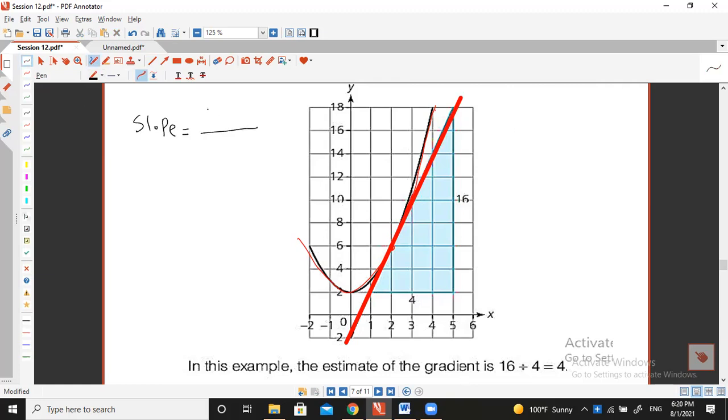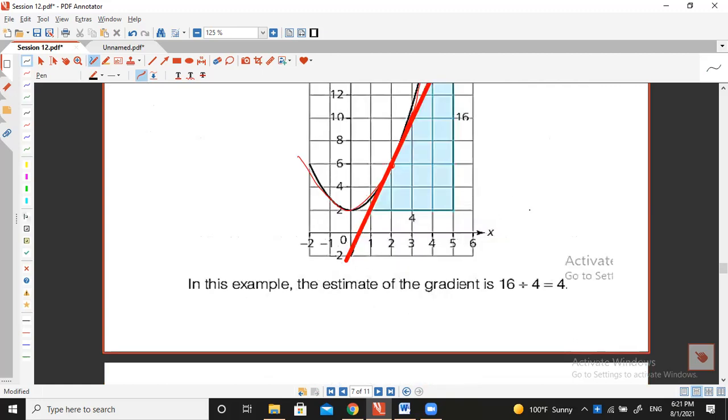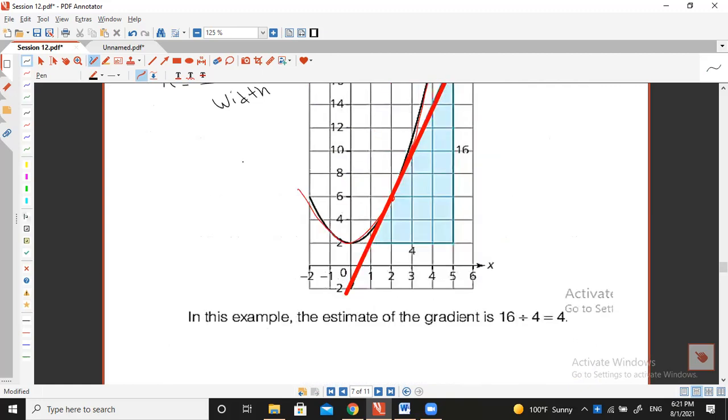Slope is height over width. Please write after me: slope is height over width. It's written also here, but it's not clear, so this is better.